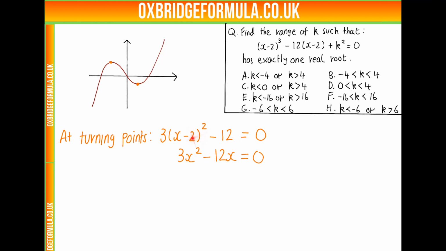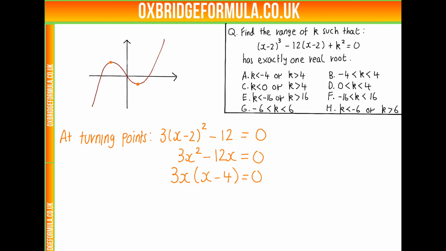Then we also get (−2)^2, which is plus 4, times 3, which is plus 12, but we have this minus 12 here, so that cancels. So 3x^2 − 12x = 0, which factorises as 3x(x − 4) = 0. Which is excellent, because we know our turning points will have x coordinate 0 and x coordinate 4.